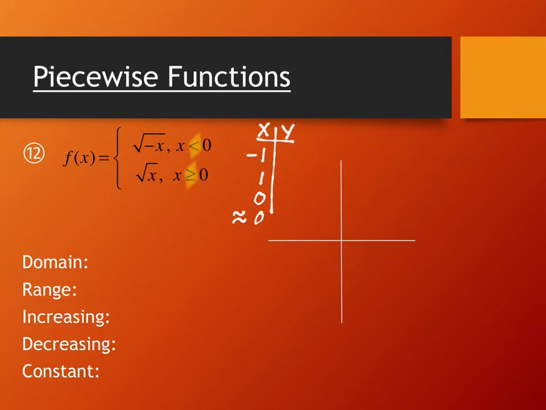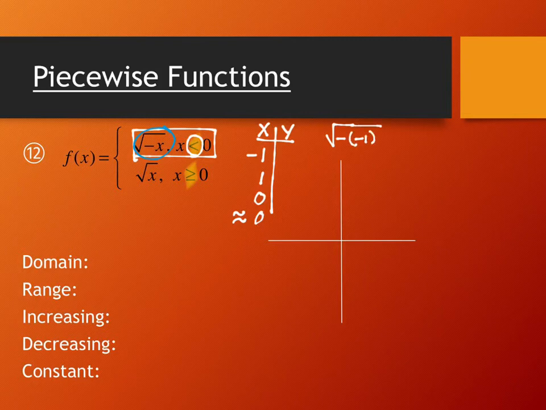So if x is -1, then I'm in this part of the graph, and the reason I am is because -1 is less than 0. So I'm plugging -1 into this equation. If I plug in -1, I have the absolute value and the negative of -1.